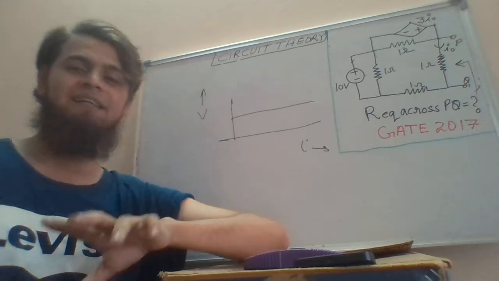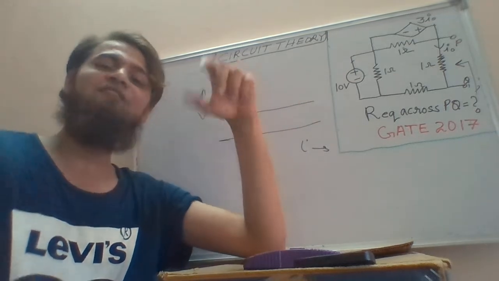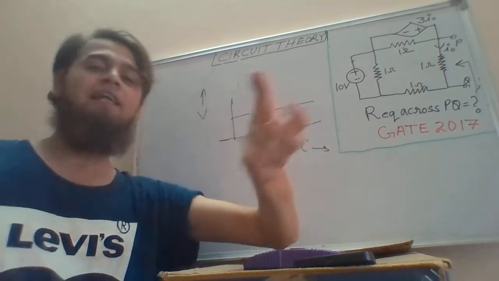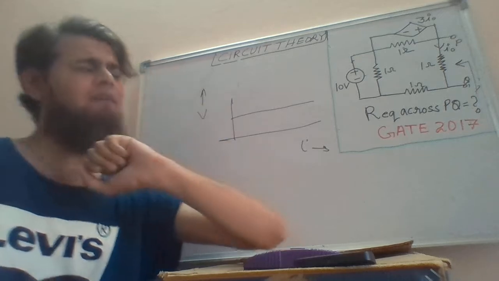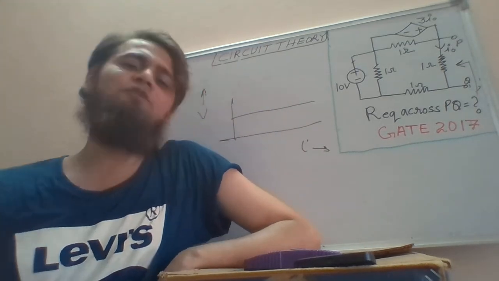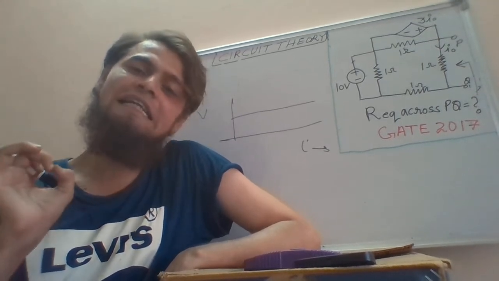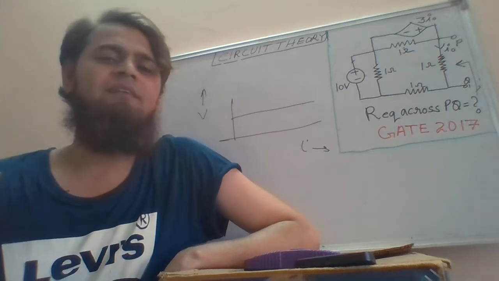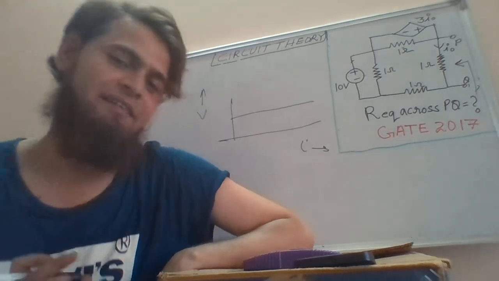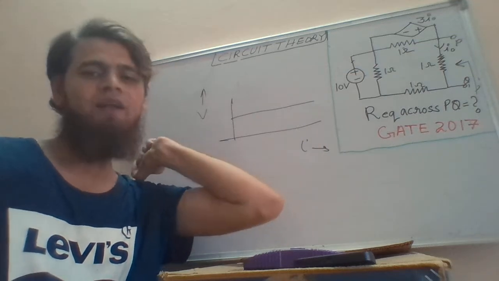If you see the nature of this battery, it is quite non-linear. So the independent sources, whether it's a current source or a voltage source, they are non-linear in nature. I think this point should be clear. Fine. So this independent battery is non-linear.